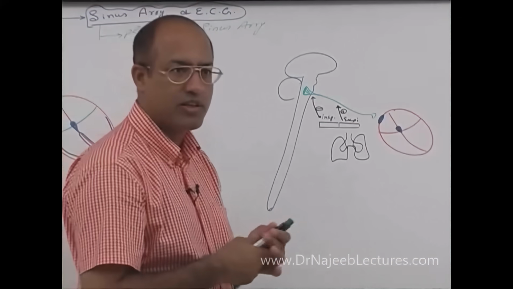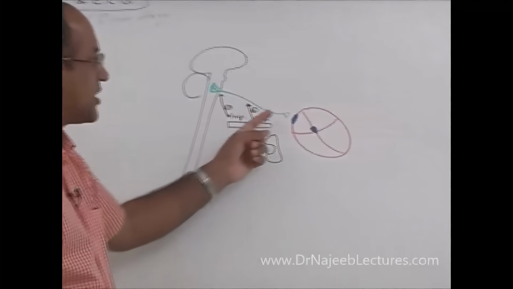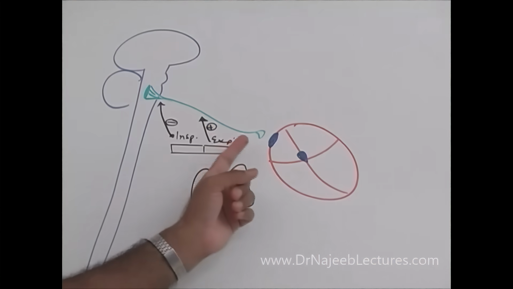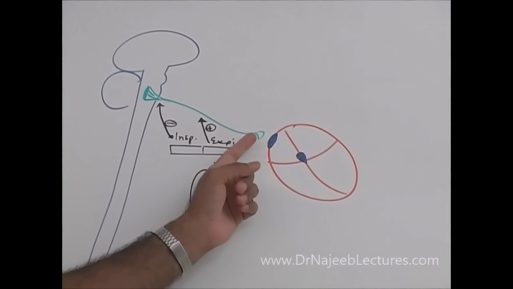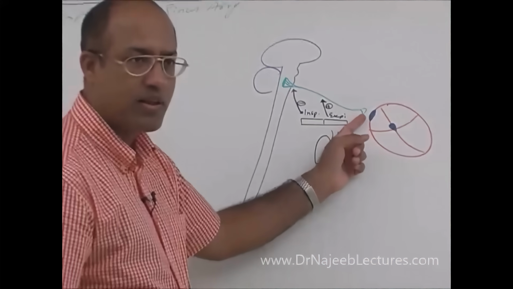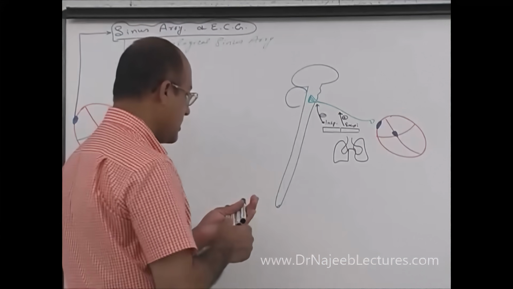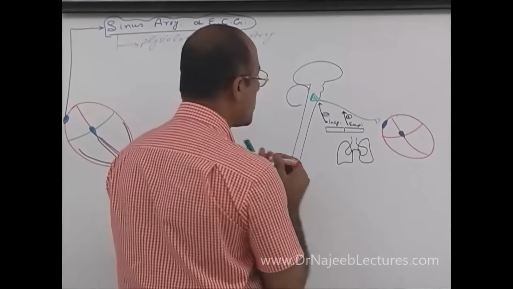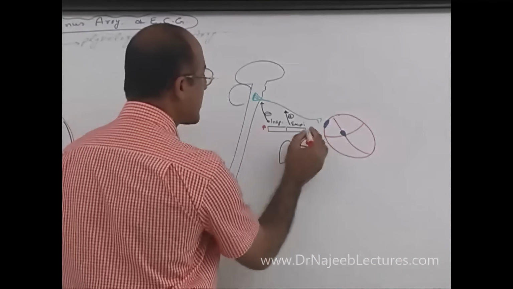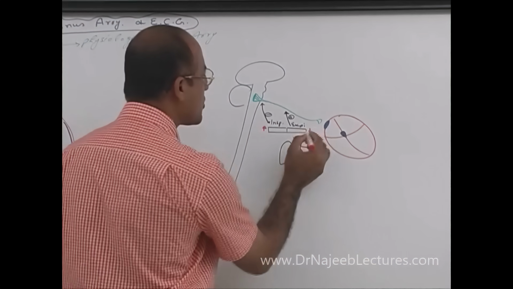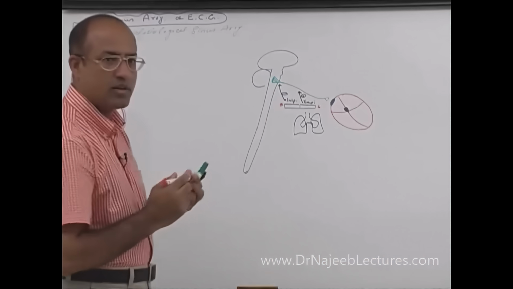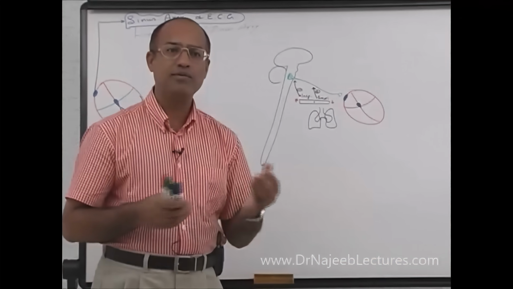Because during expiration, vagal outflow is stimulated, so through the vagus, the SA node will be inhibited. So what does it mean? That during inspiration, your heart rate will go slightly up, and during expiration, your heart rate will go slightly down, right? And this is normal and physiological.